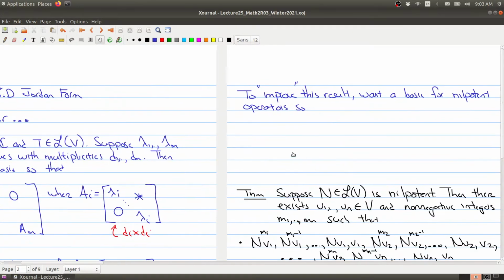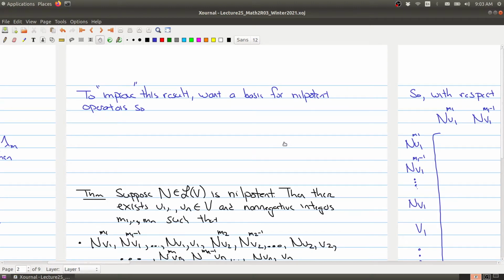So we really have to focus on this part, which comes from a nilpotent operator. To improve this result, we want a basis for nilpotent operators so that the associated matrix has as few zeros as possible. Okay, so that's what we're aiming for.